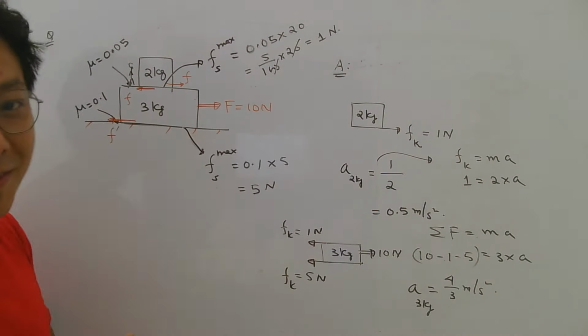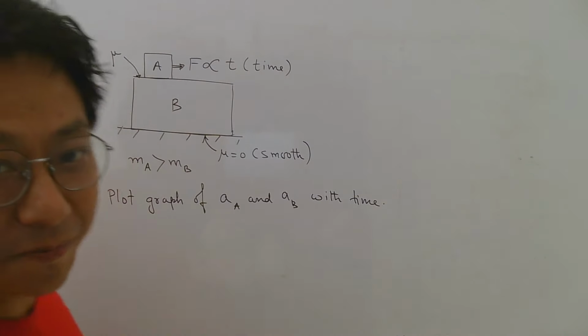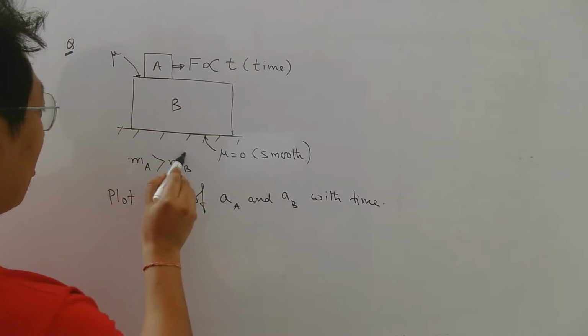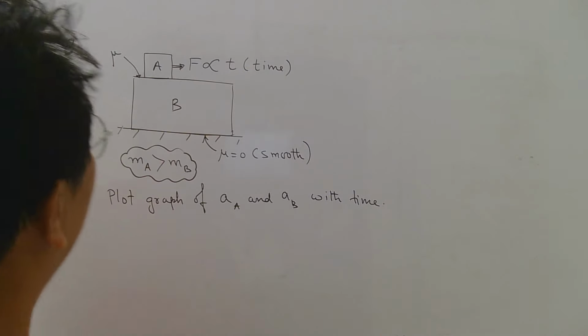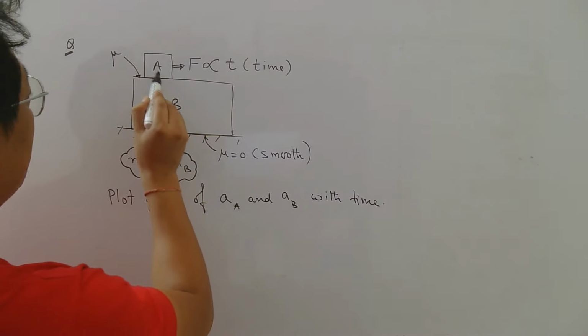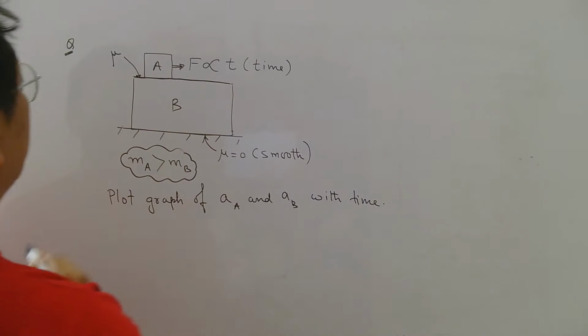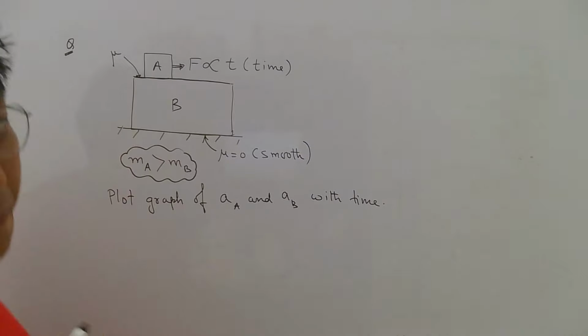Okay. Now let us do a wonderful problem where there are two blocks A and B, and the mass of block A is greater than the mass of block B. This information is given, and here the surface between A and B has friction and the coefficient of friction is given as mu.